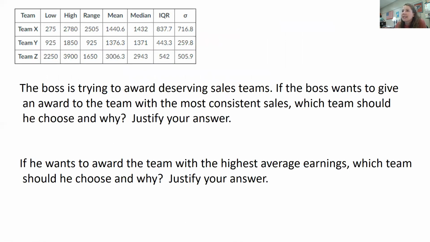All right, so let's look at this information right here. We have some teams up here. We have three teams. It shows the lowest amount of sales, the highest sales of each team, the range of those sales, the average or the mean, the medians, the interquartile range, and then that little sigma means the standard deviation, which is very comparable to the mean absolute deviation.